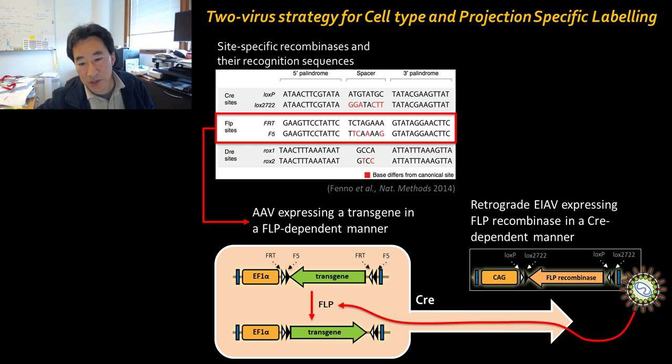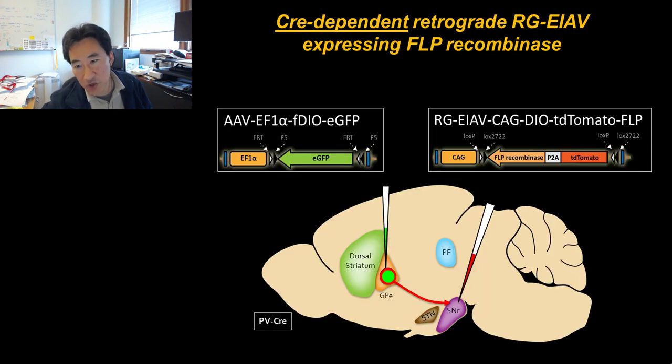So when we inject this virus combination, we inject the retrograde EIAV expressing Flp recombinase in a Cre-dependent manner into the SNR, and then inject AAV expressing GFP in a Flp-dependent manner into the globus pallidus of the parvalbumin-Cre animal. And then to examine the other population, we use the same approach: the retrograde EIAV expressing Flp recombinase in a Cre-dependent manner into the parafascicular nucleus, and then AAV expressing GFP in a Flp-dependent manner into the globus pallidus of the parvalbumin-Cre animal.